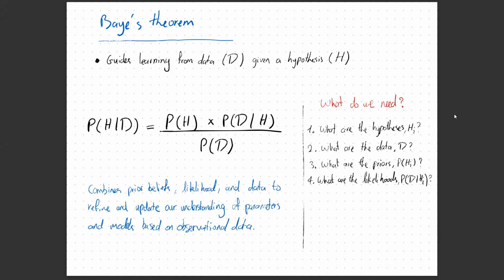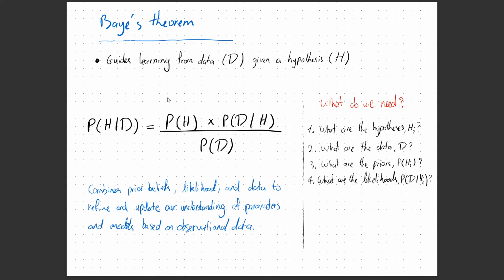All right, so what is Bayes' theorem? Well, it helps us to update our belief in the model by incorporating the new evidence or the data. Here you see the posterior, which is the probability of a hypothesis given the observed data, and is estimated by the multiplication of the prior times the likelihood.